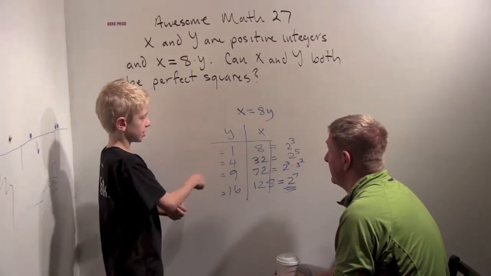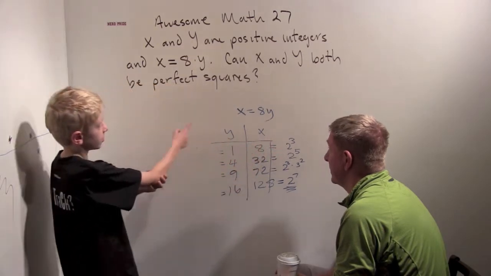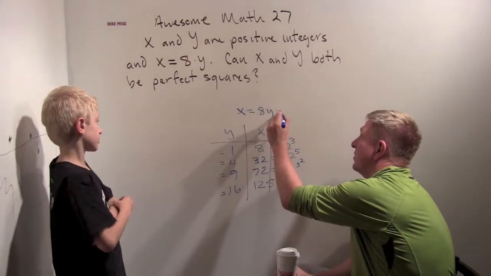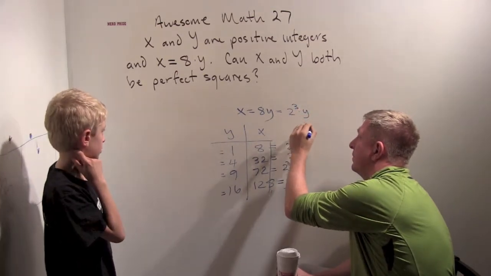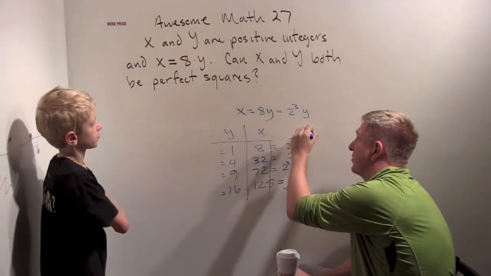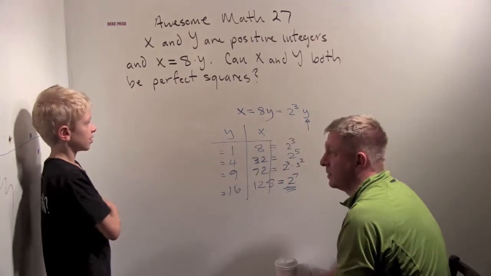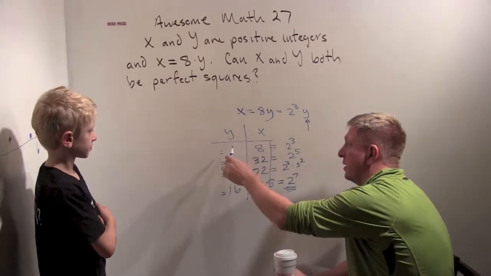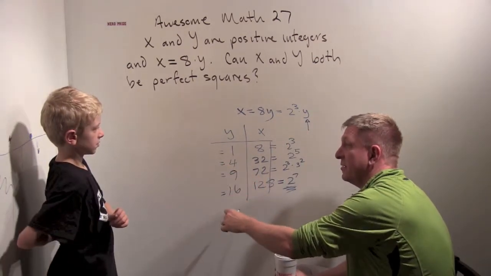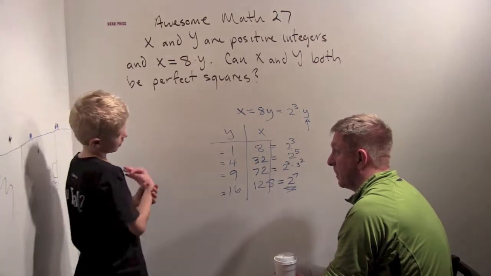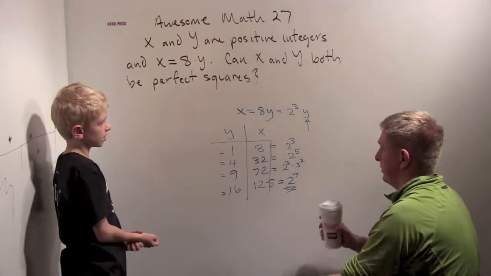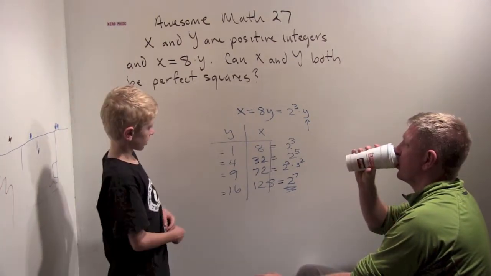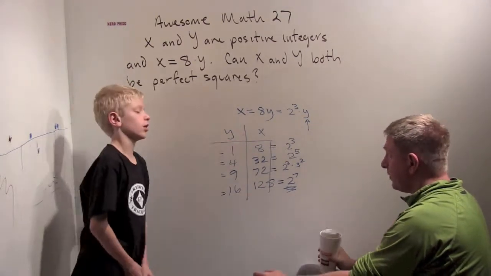Because 8 is 2 cubed. So x equals 2 cubed times y. If y is a perfect square, then all its powers are even, and then there's this odd one, and you can't ever have a perfect square in this column.